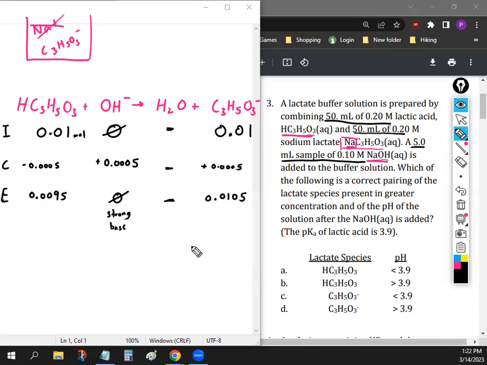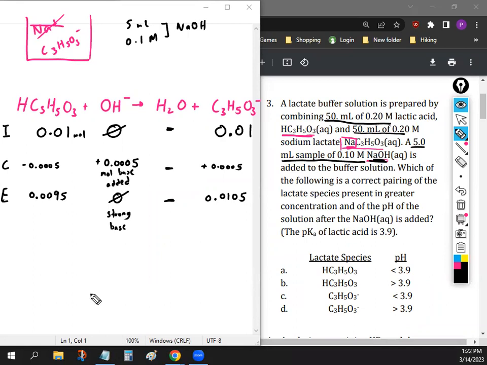Does that make sense so far, guys? Yes. That's the moles of NaOH that you added. You take the 5 mL, yeah. No, you're good. Please double check with me, guys. I know there are a lot of numbers and weird things in here, so thanks for checking. But yes, this is the moles of base that you added.